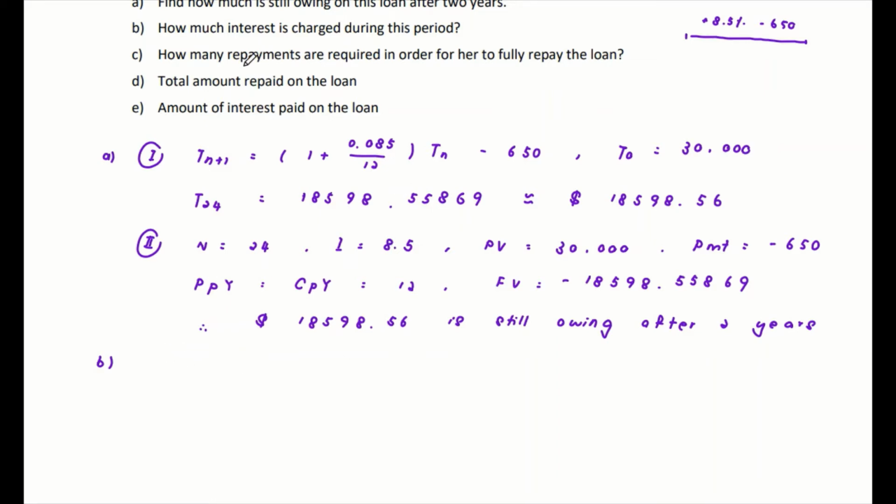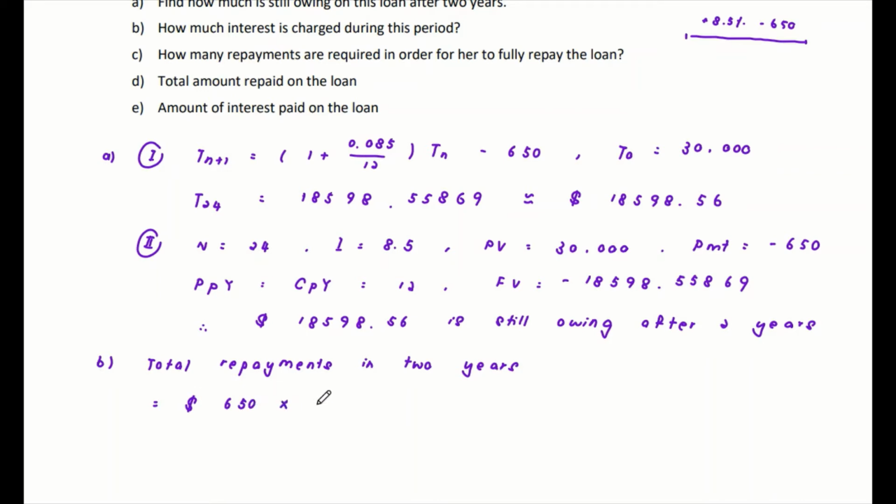Okay, so what is the interest charged during this period? Which means the period of 2 years. So what is the total amount of money that I have repaid throughout the 2 years first? The total repayment in 2 years is equal to our $650 per month, right?